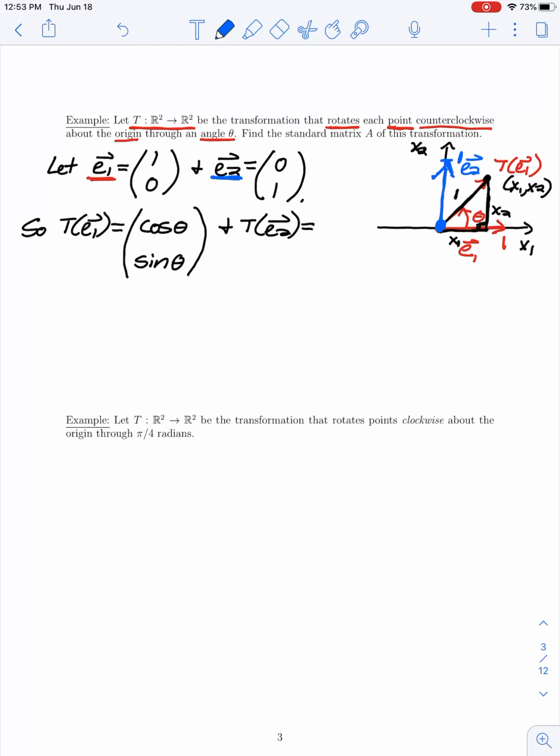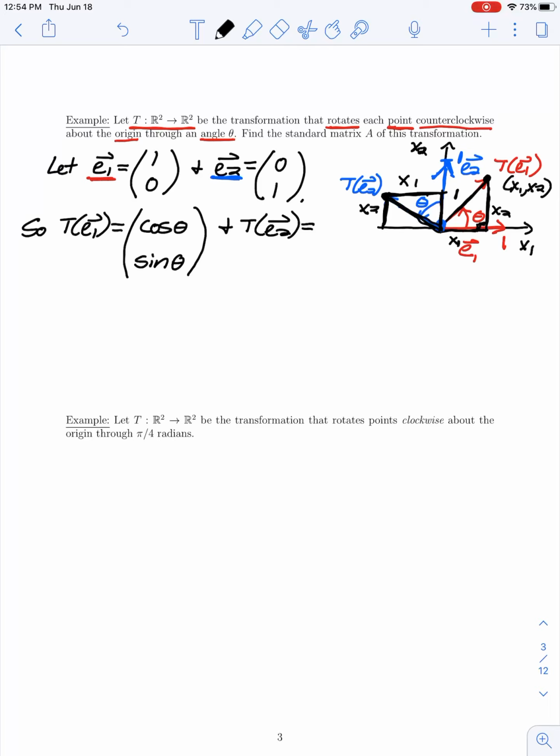I'm taking that E2 vector, and by this transformation, I am rotating counterclockwise by an angle of theta. So this vector represents the image of E2, and to find its components, I need the terminal point of that vector, x1, x2, where x1 is my horizontal distance traveled, x2 the vertical distance.